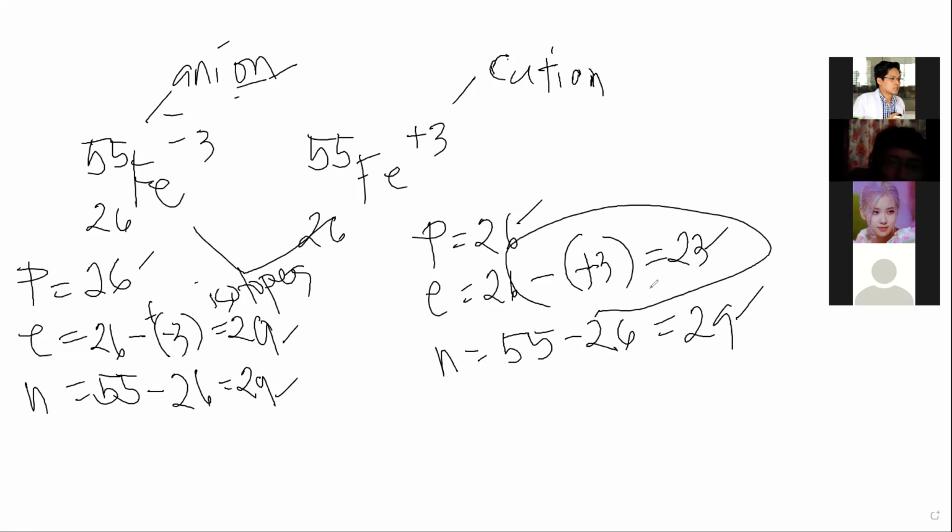The rule is, if there are charges, you deduct the charges from the atomic number to get the electrons. Questions so far? No? Okay, let's move forward.